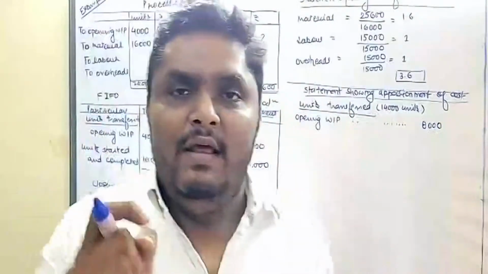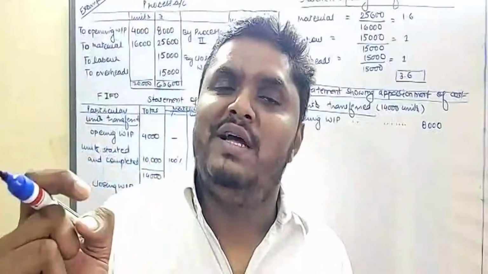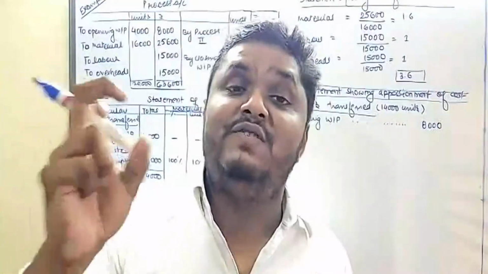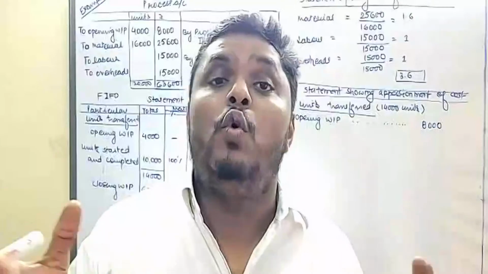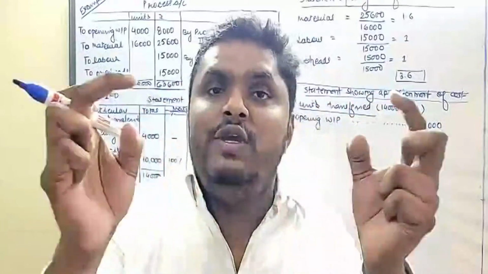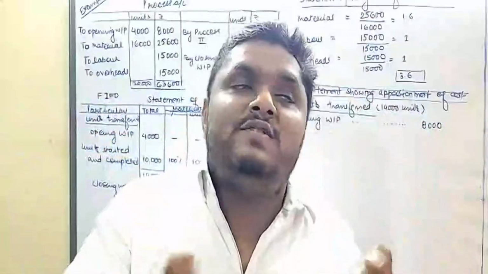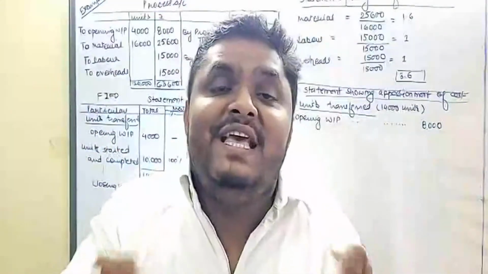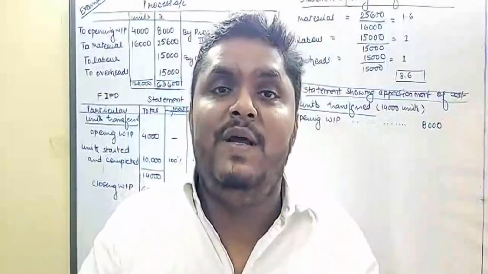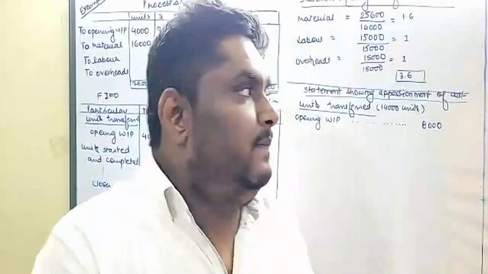I repeat again, total 14,000 units are transferred to the next process. Of this, 4,000 units represent opening work in progress. So for these 4,000 units we will take the previous month's cost plus how much has been spent on these 4,000 units this month.